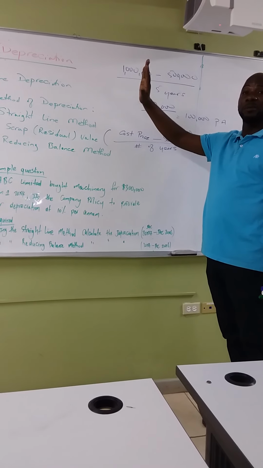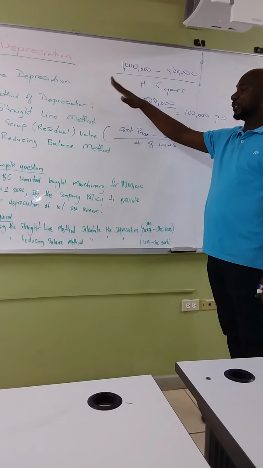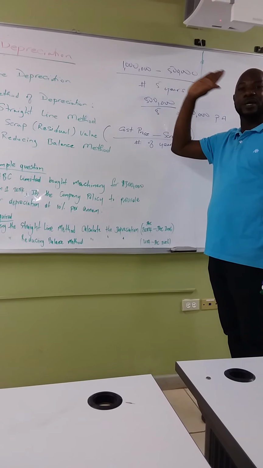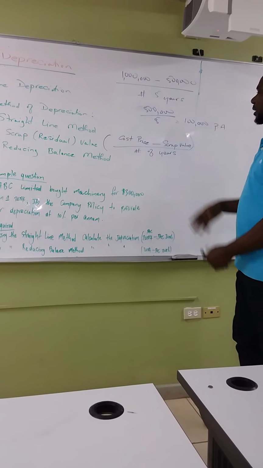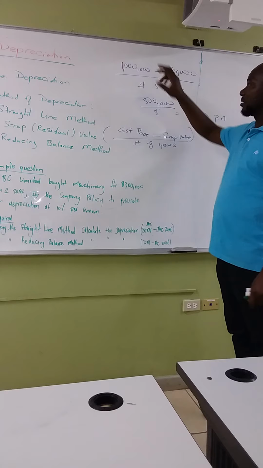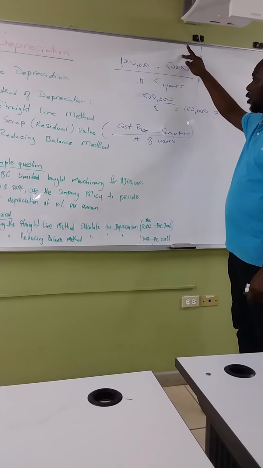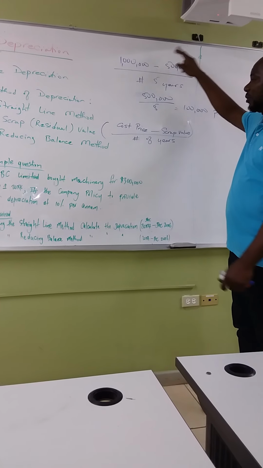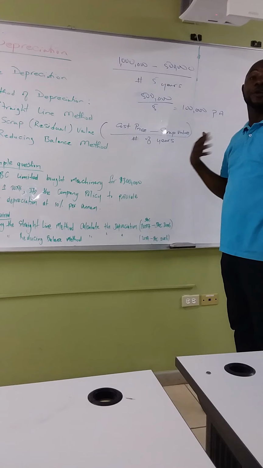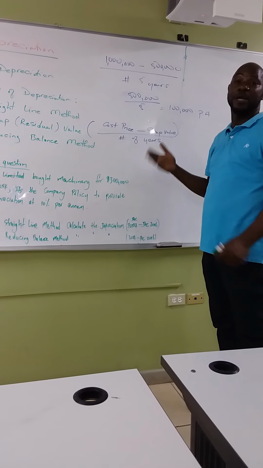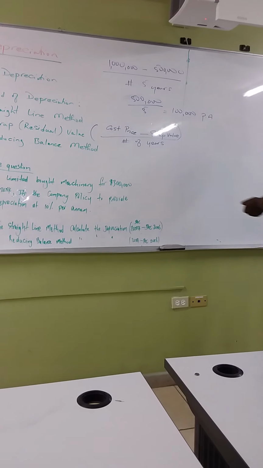For year 2 it's 100,000, year 3 100,000, year 4 100,000, likewise year 5 100,000. So again, with the scrap value, you need to factor in the cost price, how much you can possibly sell the asset for, which is the scrap value or the residual value, divided by the number of years, meaning how many years you would have kept the asset prior to selling it.